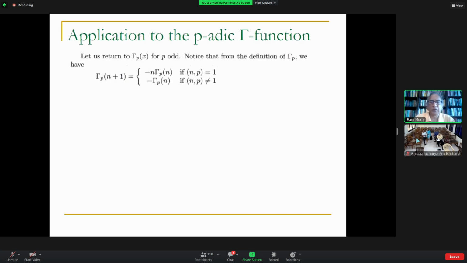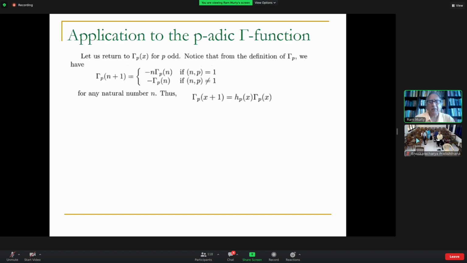And so if you just use that definition, you'll see that this is the recurrence relation that it satisfies. This should be thought of as the p-adic analog of gamma of s plus 1 being s times gamma of s. I think from the classical gamma function, gamma of s plus 1 is equal to s times gamma of s. And therefore, this is the analog of that fact.